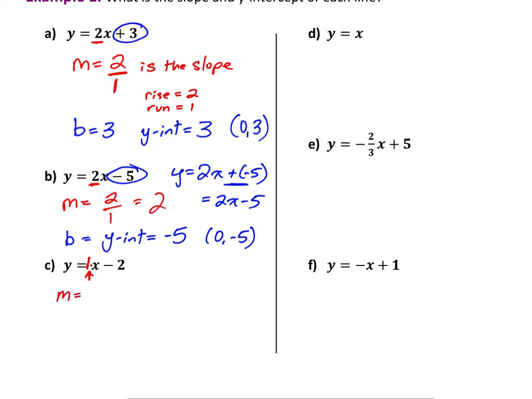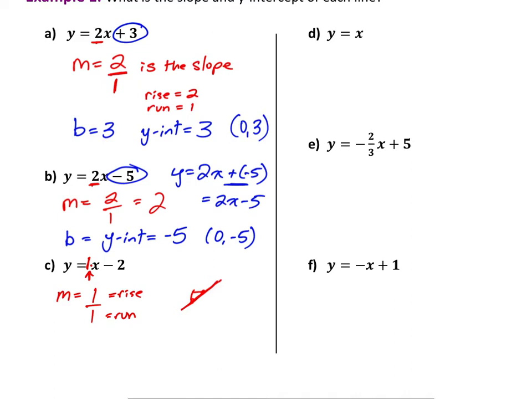The slope would actually equal 1, or 1 over 1. So the rise is equal to 1 and the run is equal to 1. So it is going up and over 1 each time. So that is a line that has a slope of 1. And then your y-intercept, again, oops, I clicked on my highlighter.